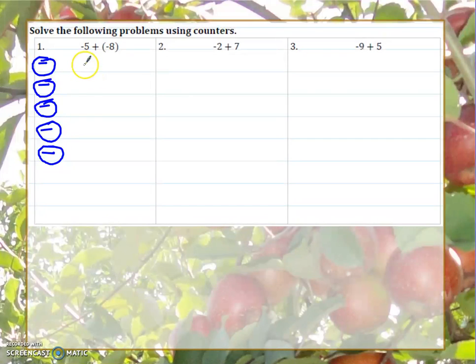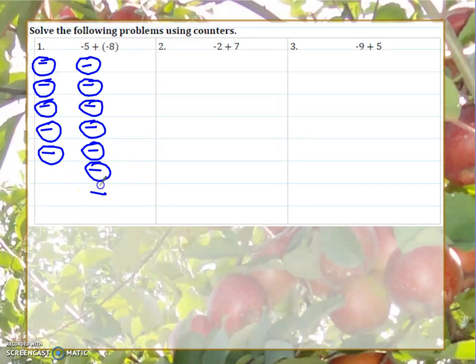If I have negative 8, 1, 2, 3, 4, 5, 6, 7, 8. I don't have a positive and a negative chip to cancel out and make 0, so we just add up all the total chips. So we have 1, 2, 3, 4, 5, 6, 7, 8, 9, 10, 11, 12, 13. We have negative 13.